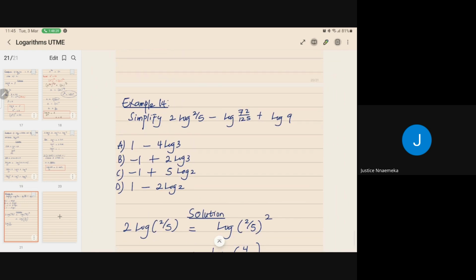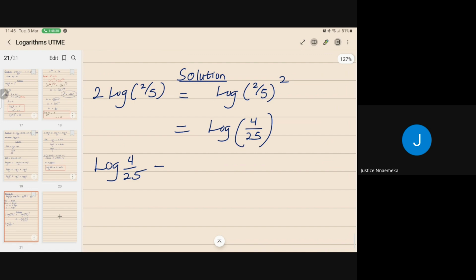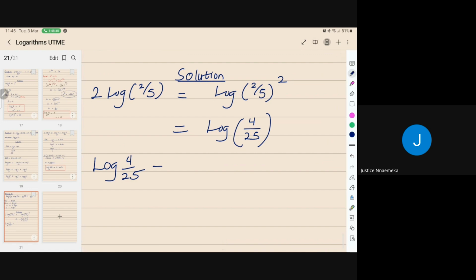Now, the next one there is minus. So let's have minus log 72 over 125. So apply the division law.